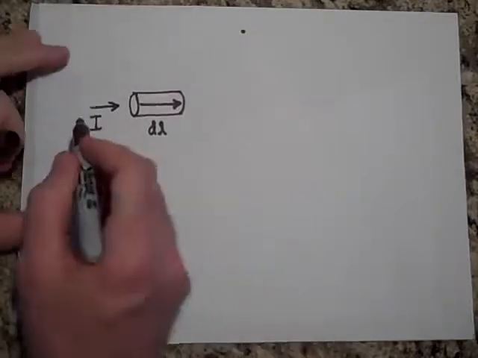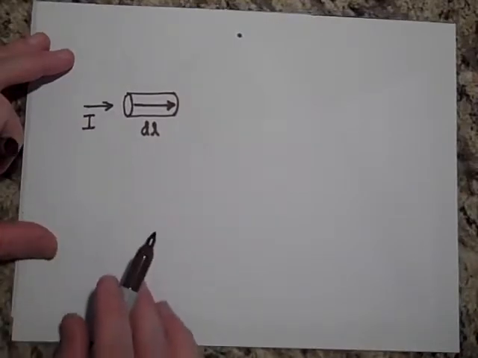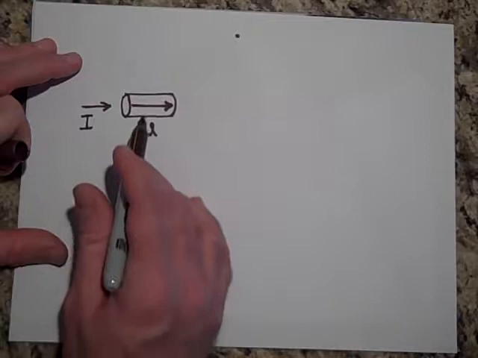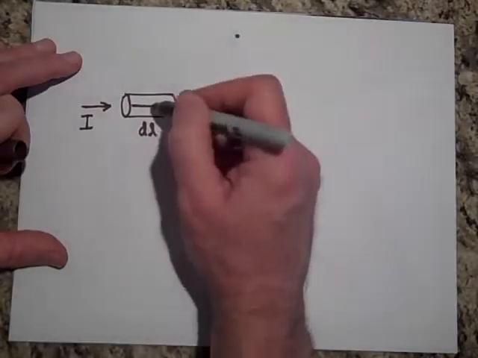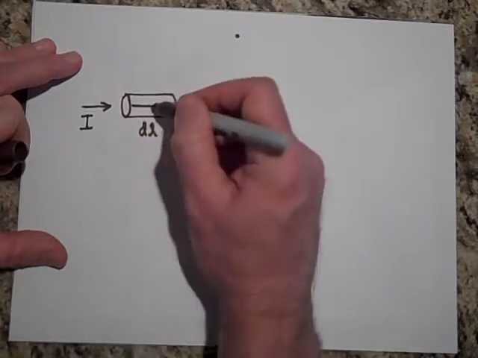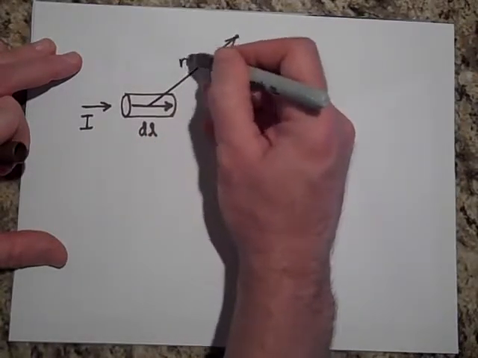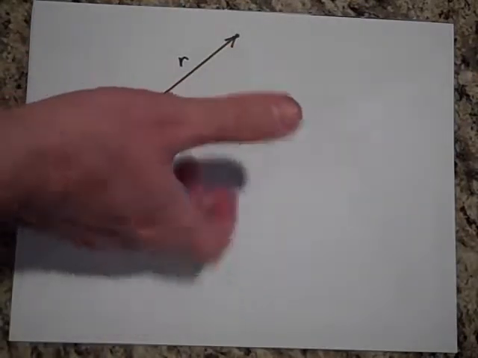Now the current is heading this way, and let's just say it's heading straight down. And the current is I. Turns out that if you want to figure out the magnetic field due to just this little current element, well, if you want to know it here, then you go from the center of your dl, you draw a vector r, and let's see, which way is it going to be heading?